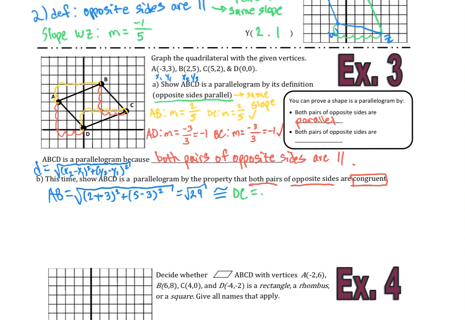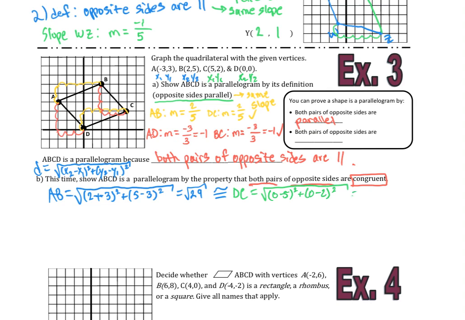Let's set up DC. If I look at DC up here at the top, I'm going to do my x1, y1, and my x2, y2 up here. Let's plug it in. We get 0 minus 5, don't forget the squared, plus 0 minus 2, don't forget the squared.